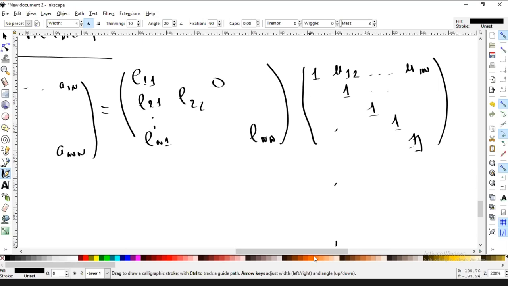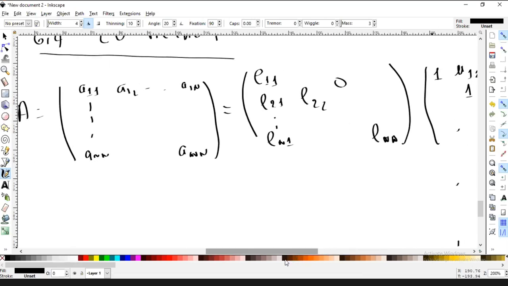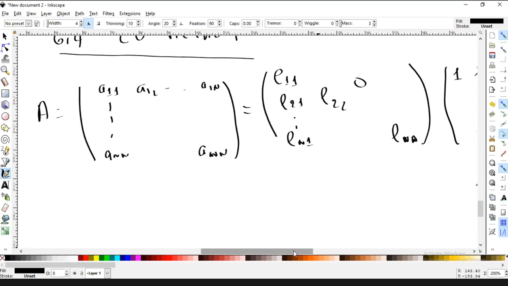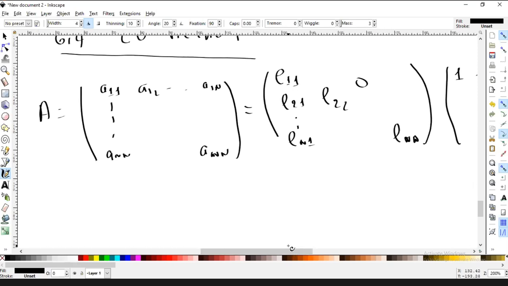Now what is the method to determine the elements? The method is systematic for the crude method.